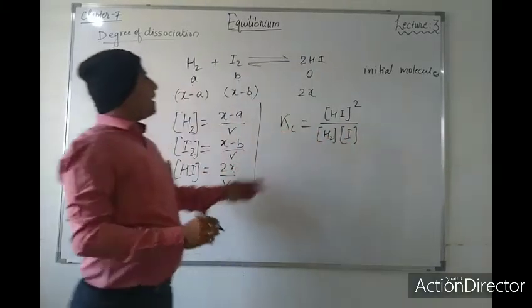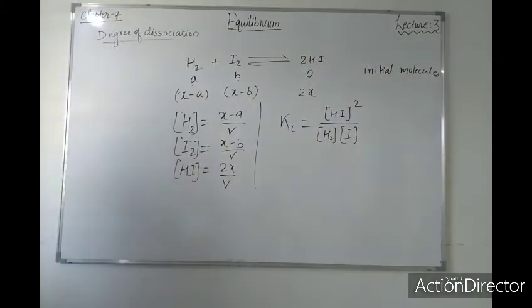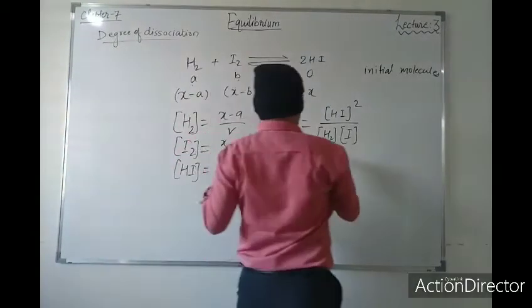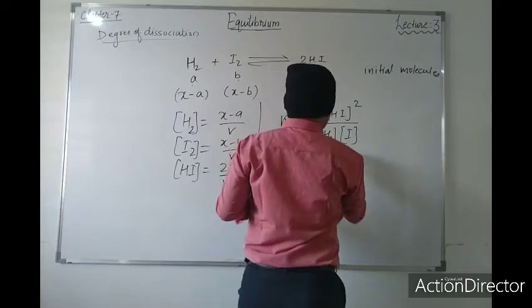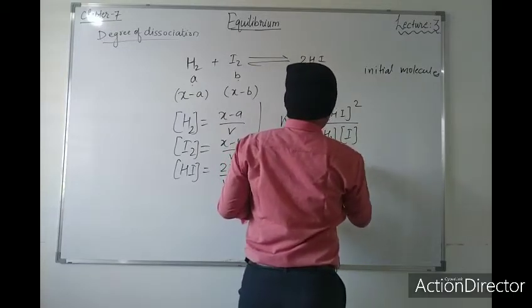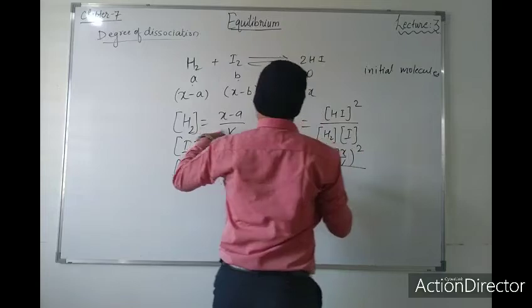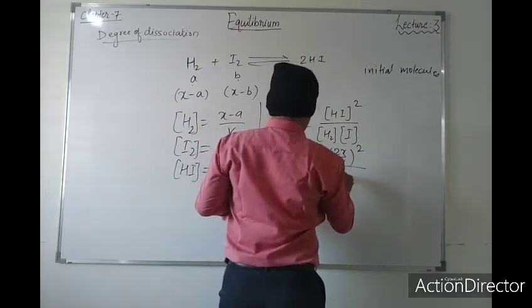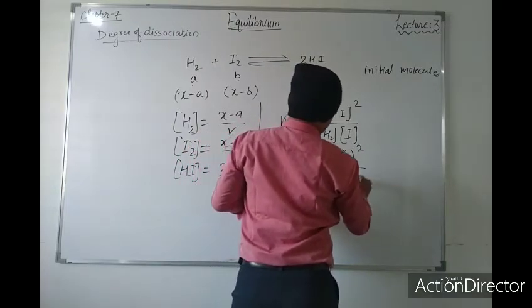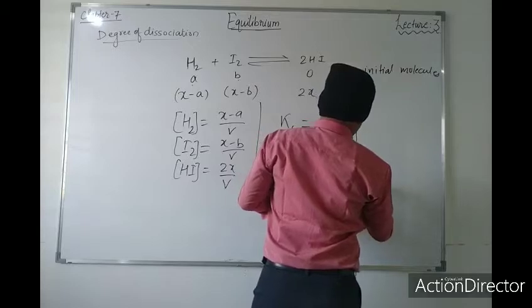And if I put in their active masses, what will be the formula? 2X by V to the power 2 upon hydrogen, X minus A by V, and here X minus B by V, right?